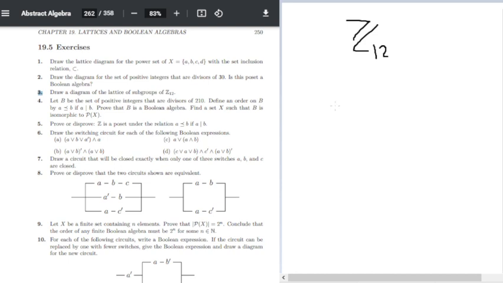Each subgroup of a cyclic group will be another cyclic group, and its order will divide the order of the group. So we have E, Z sub 2, Z sub 3, Z sub 4, Z sub 6.